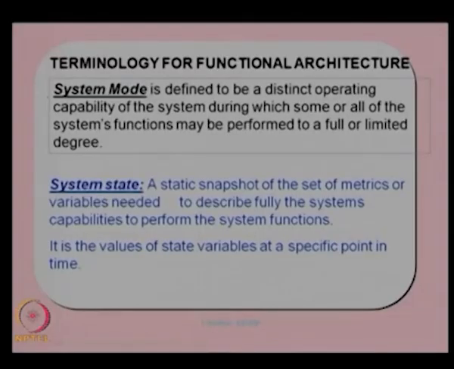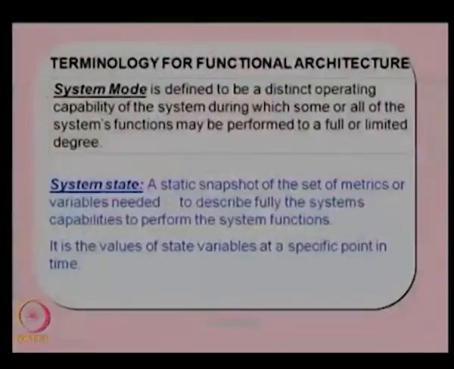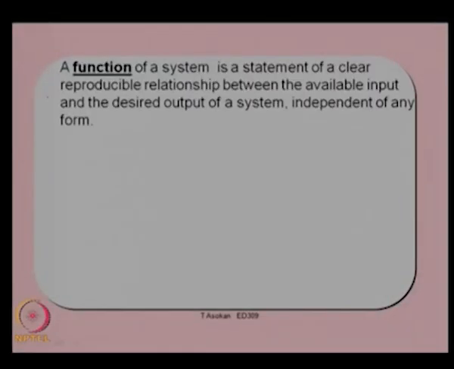So, basically it is a snapshot of metrics or the variables needed to describe fully the system's capability to perform that particular mode. So, it is the values of state variables at a specific point in time. So, if you take a specific point in time, it actually gives the values of these variables.